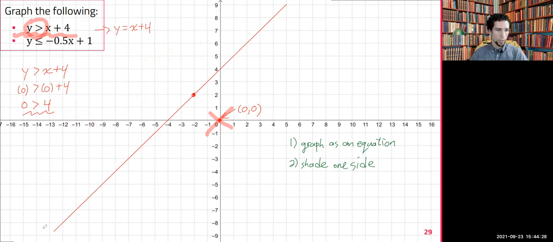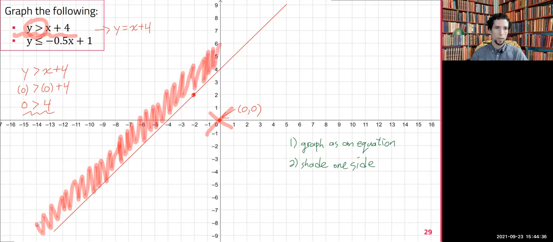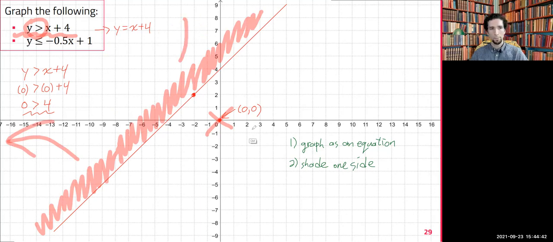I'm going to shade it this way, which will just sort of indicate which side, and then we kind of understand that it goes off into infinity over in this way and up this way. Okay, so we'll draw it like this. So this is the first one. Sorry, not totally done yet.